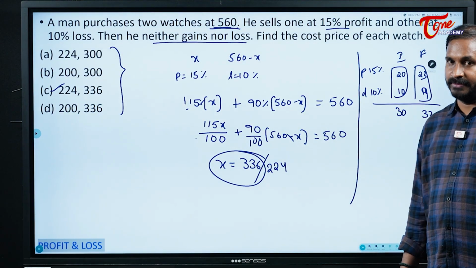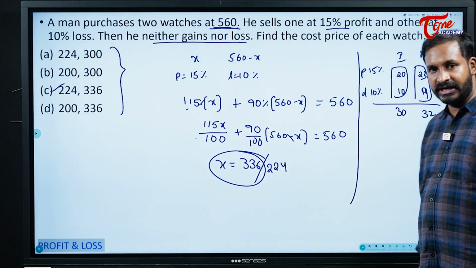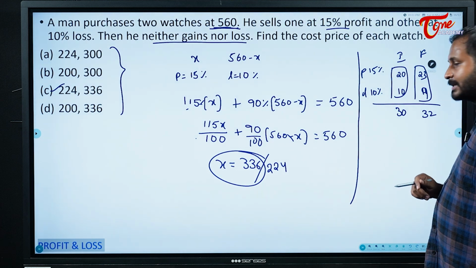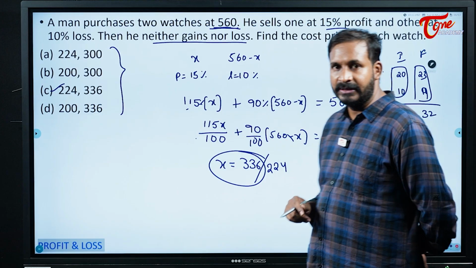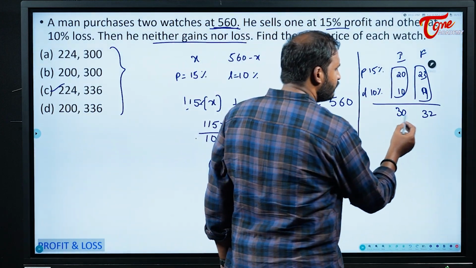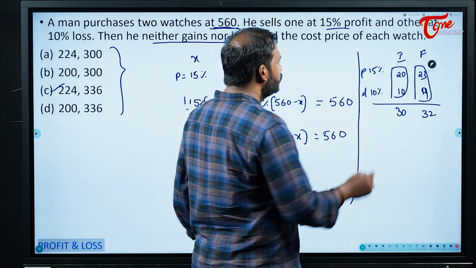How can I equalize these two sums? I need to equalize them. So for that, what is the LCM of 30 and 32? 30 parts should be equal to 32 parts indirectly. To equalize this, now tell me what I can do here. Take the LCM of 30 and 32. What will you get?